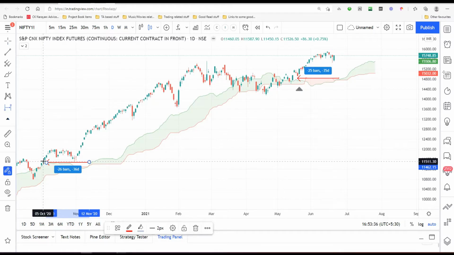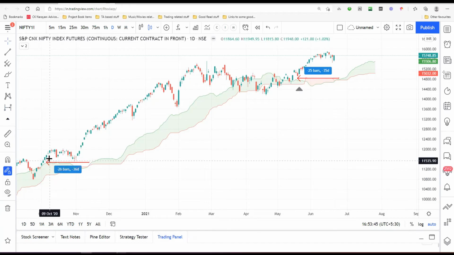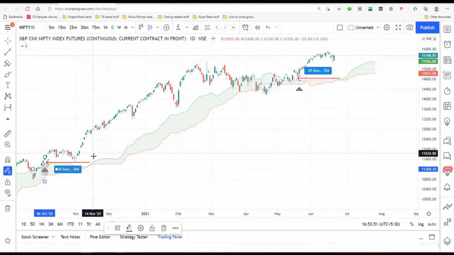So the signal to buy actually came in here. The signal to buy came in here. It gets reflected on the Kumo 26 bars ahead in time.